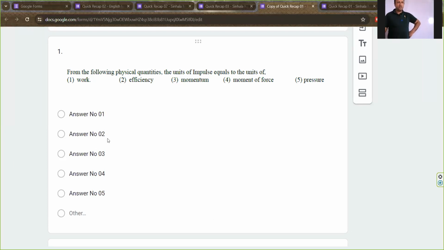Impulse means momentum difference. A momentum difference within a very short time is called impulse. Therefore, impulse means momentum difference.